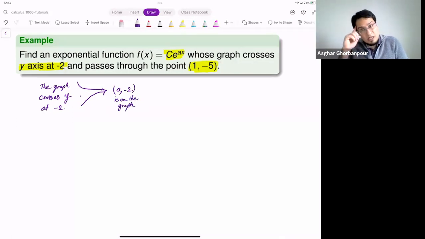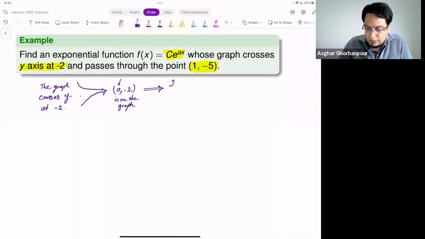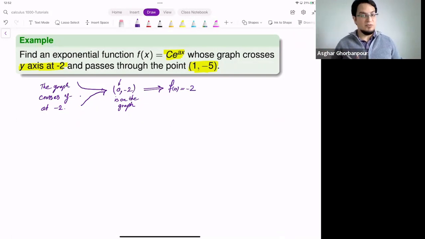But a point on the graph means that when you plug in the first coordinate as the input, the output will be the second coordinate. That's the best translation of what is written here: the graph of this function crosses the y-axis at -2.